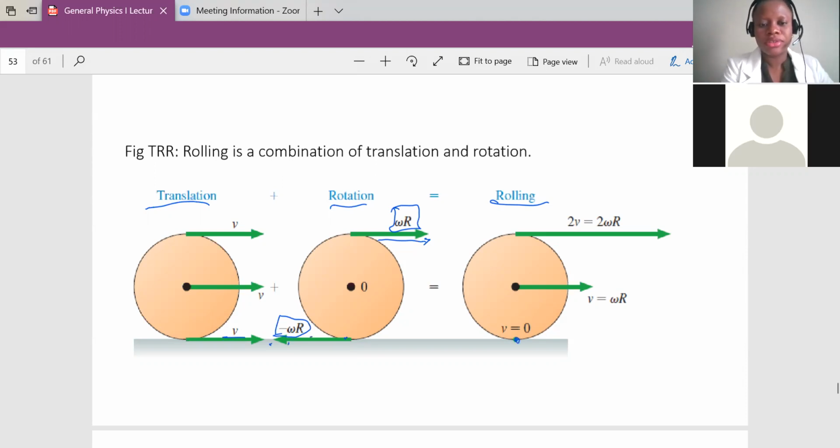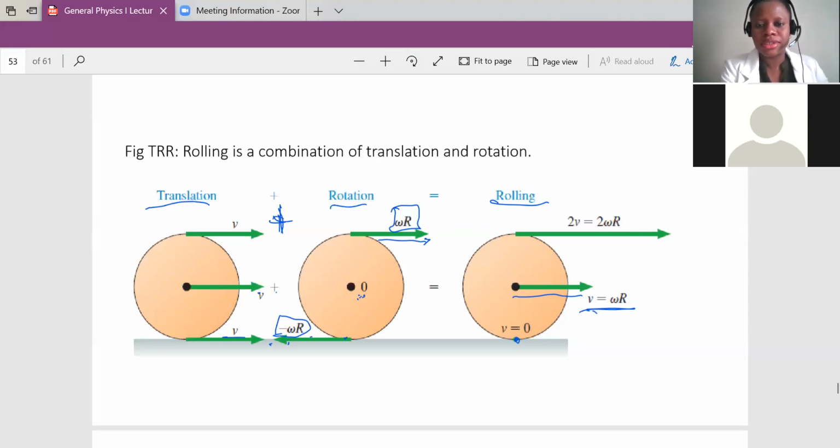The one in the middle is not changing for the rotation, so V plus V remain the same magnitude, which is V equal to omega R. But this one is a vector summation, okay?